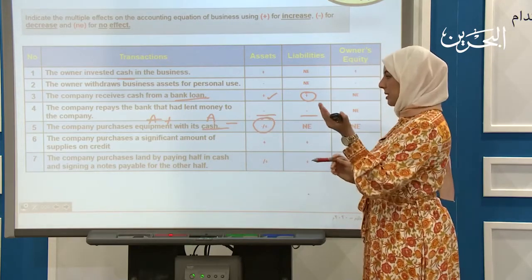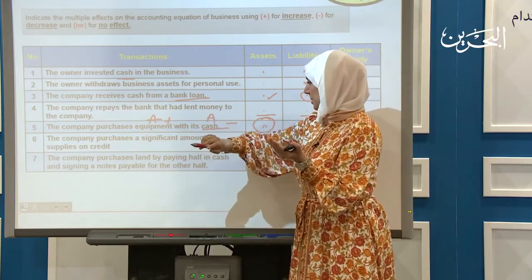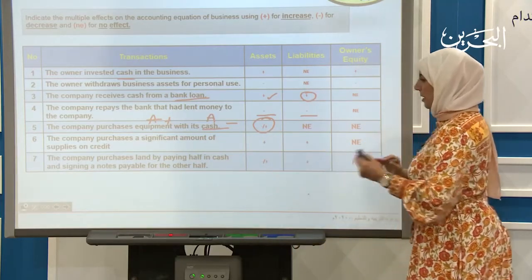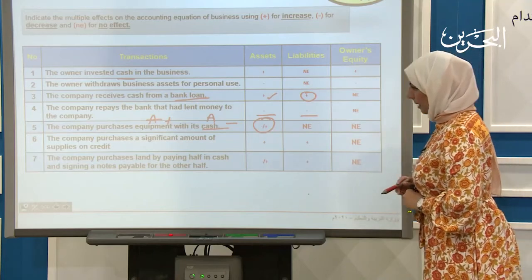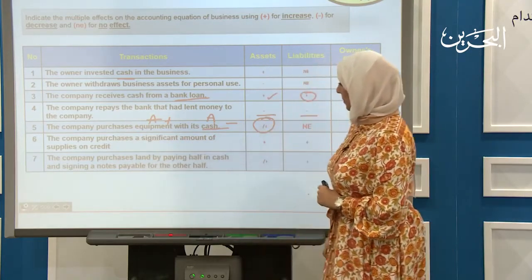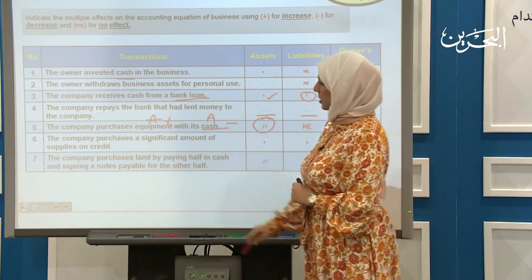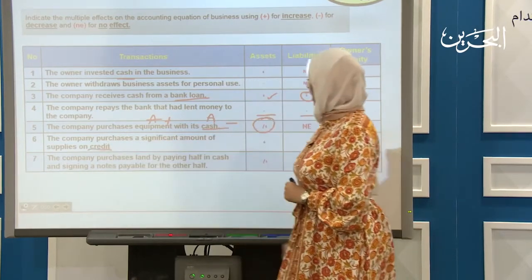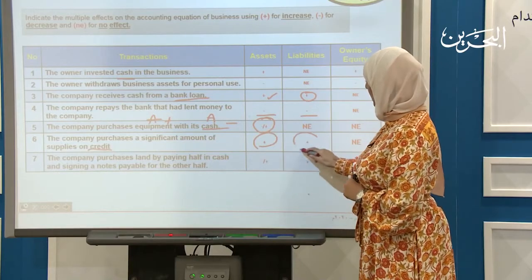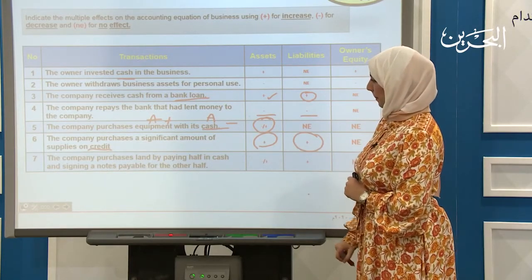One increases when I'm buying the equipment, and the other decreases when I pay the cash. The sixth transaction, the company purchased a significant amount of supplies on credit. So the effect will be an increase in assets and also an increase in liability.